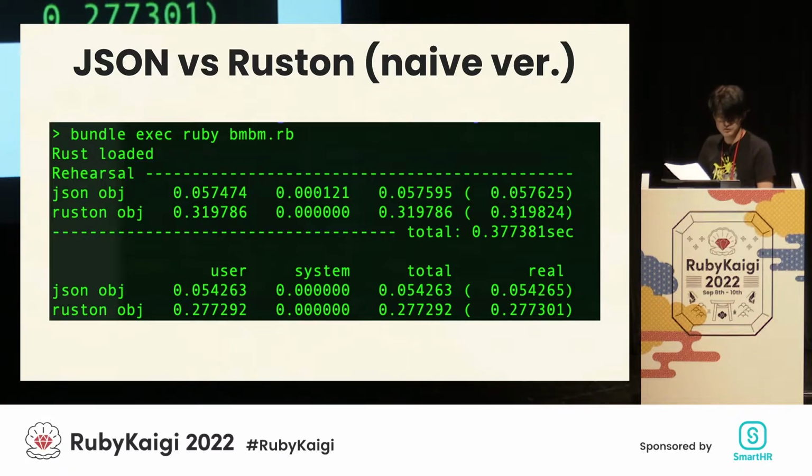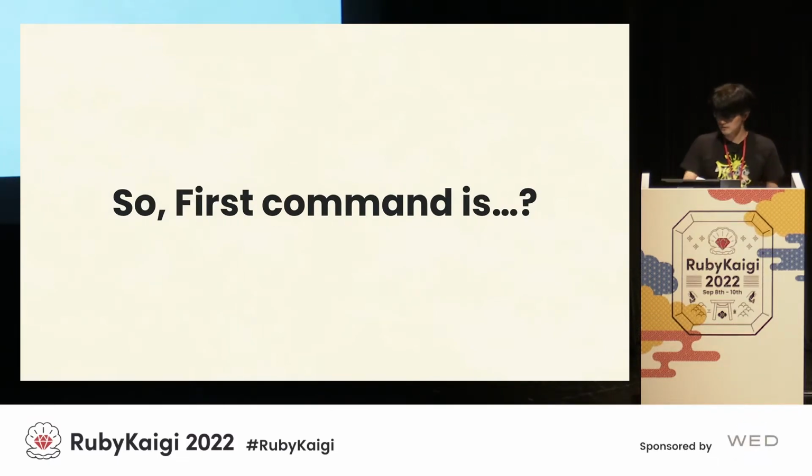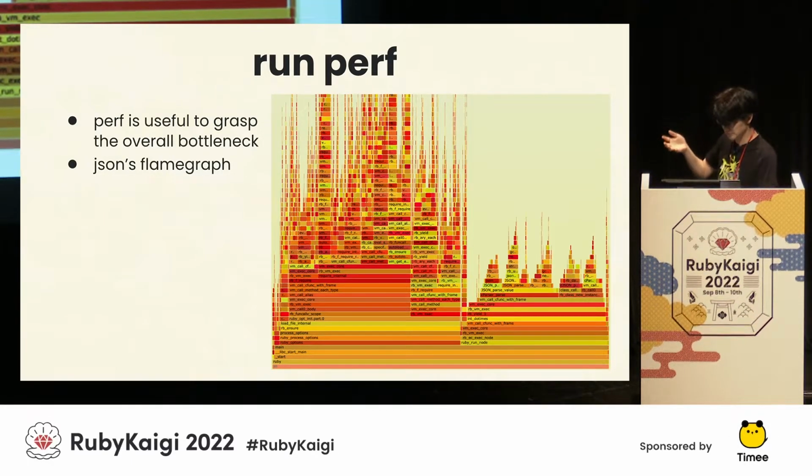So I'm going to improve my Ruston code. Then, what command to be invoked first? It is perf. I ran perf and got some bottlenecks. Perf is very useful to grasp the overall bottleneck.